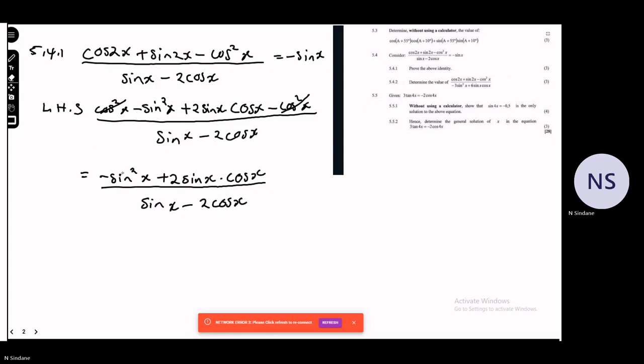Here I can see that I have a common factor, which is sine. So I can take out sine of x.